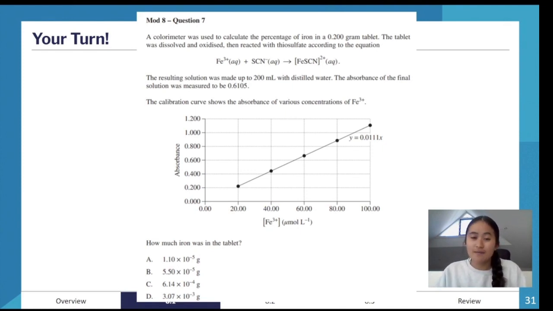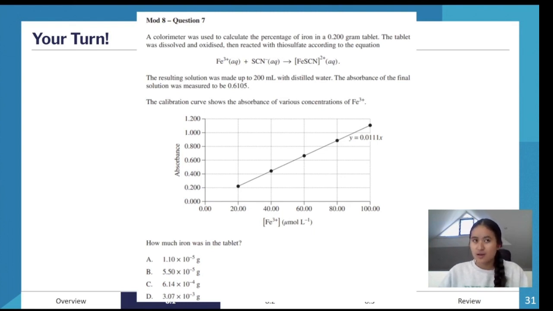So they were kind enough to give an equation for the calibration curve, and that is y equals 0.0111x. So if you use the absorbance, which is 0.6105, and you divide that by 0.0111, you'll find that the concentration is 55.